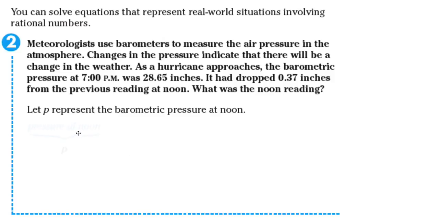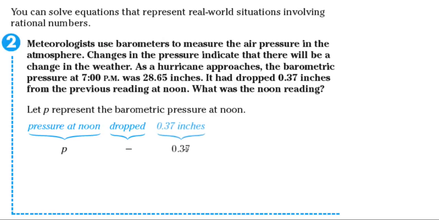So we create an equation. The pressure at noon is P. We know that. And then it dropped, meaning we need to subtract 0.37 inches, and that will be equal to 28.65.